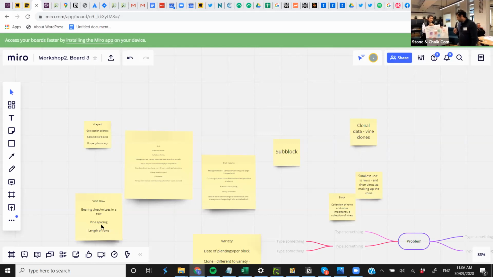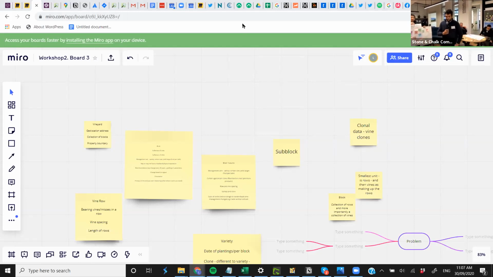We want to know the average yield, flow rate to dripper spacing, row orientation, row numbering, and the number of gaps we have in that vineyard, missing vines. I think that's about it.